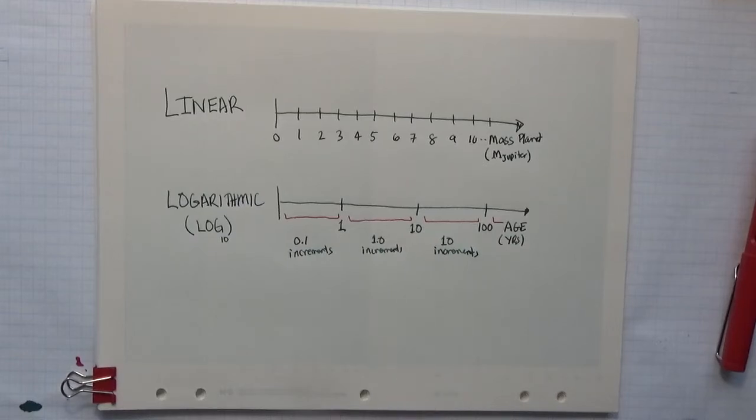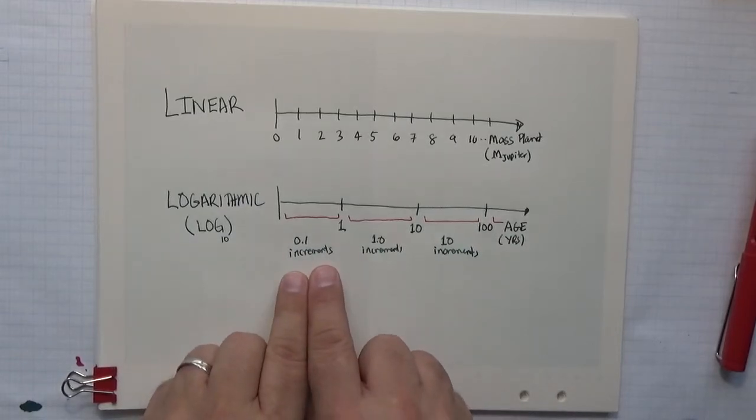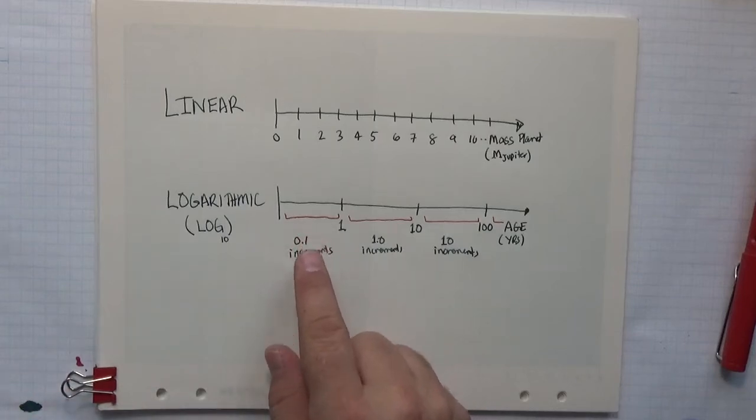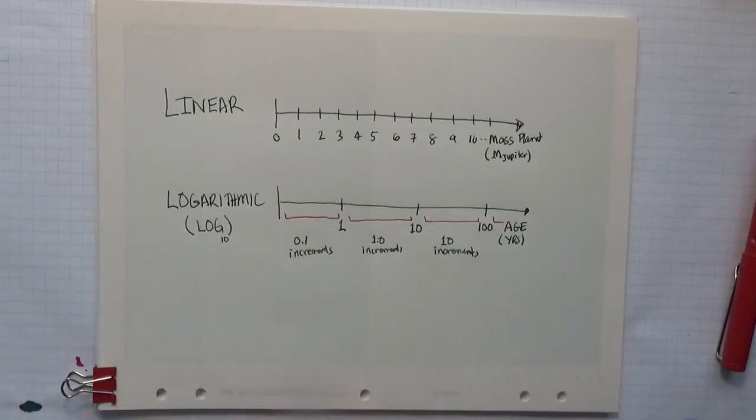Now what's weird about logarithmic axes is that the spacings in these increments are not equal. I haven't drawn them here because I can't draw them accurately, but let me give you a sense of how they go. Let me zoom in a little bit so you can see.